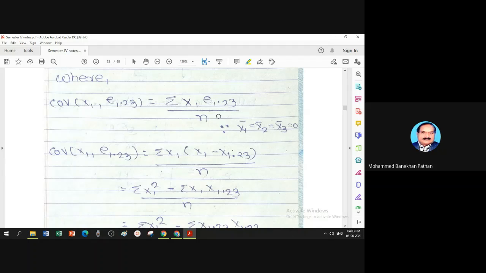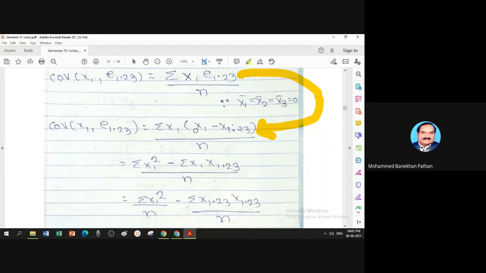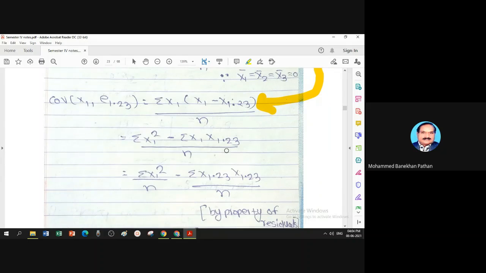Therefore, covariance of x1 comma E1.23 equals the sum of x1 E1.23, and just now I explained, E1.23 is x1 minus residual. Now I multiply x1 inside and then take summation. So sum of x1 squared upon n minus sum of x1 into x1.23. Just now I told you, you can add the secondary subscript or eliminate the secondary subscript, the sum of product remains the same. So this is the same as this.